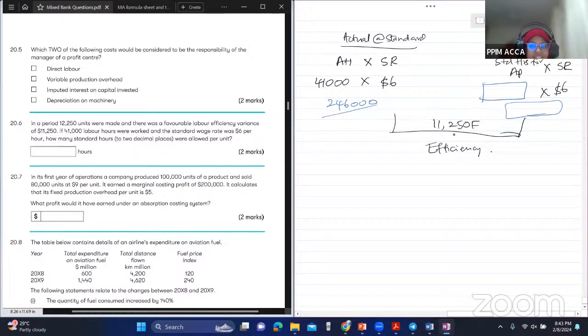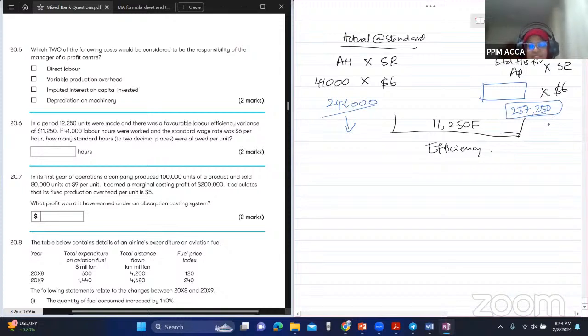If my efficiency is a favorable variance, then this is actually lower than what I predicted, what my standard was. So this figure has to be higher by 11,250. So 246 plus 11,250, which is 257,250. That should be the standard.